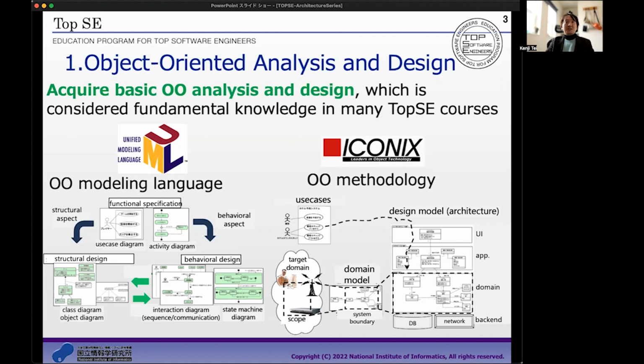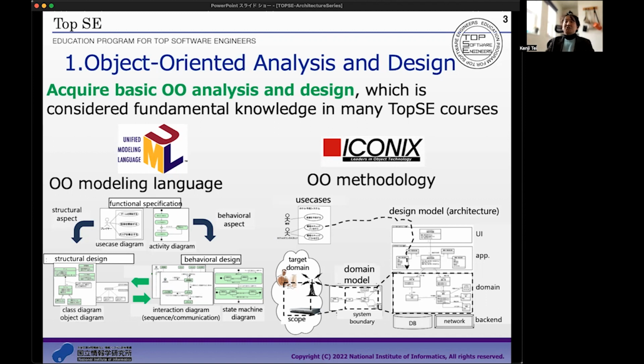In this course, we mainly provide lectures for learning the object-oriented modeling language. We use UML as an example to study how the specification, structure design, or behavioral design of object-oriented systems are modeled. Also, we study the object-oriented development methodologies.